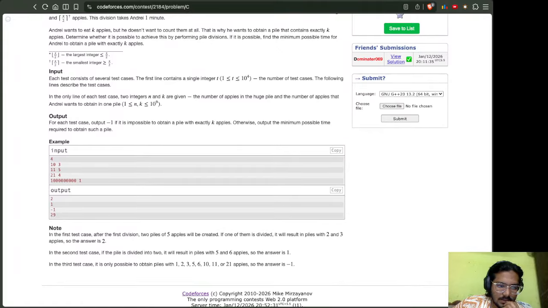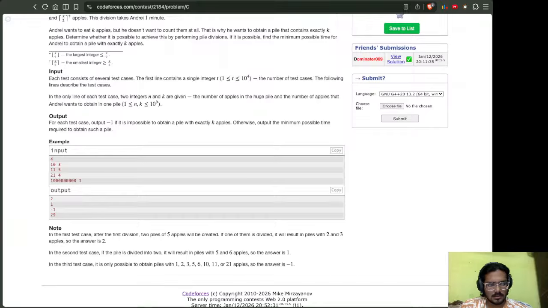In the first test case, 9 apples and we want a pile of size 3. We do the first division and two piles of 5 are created. If one of them is divided, it will result in piles with 2 and 3 apples.